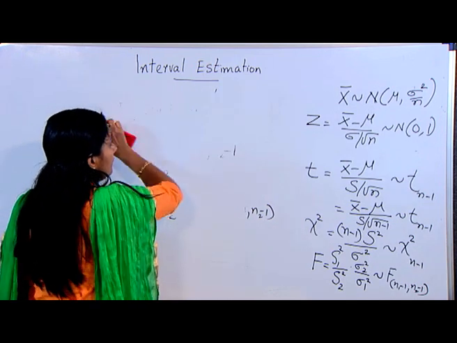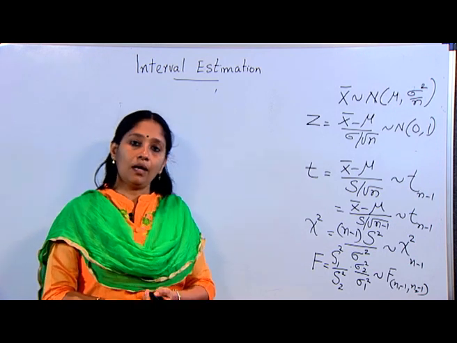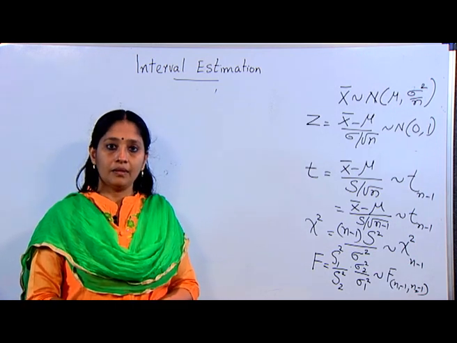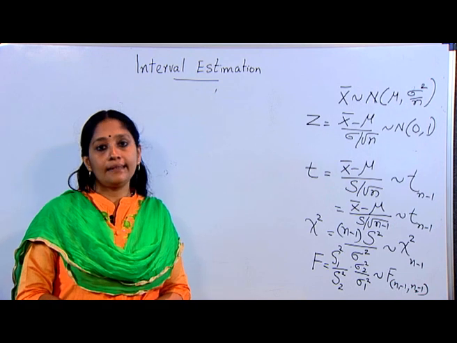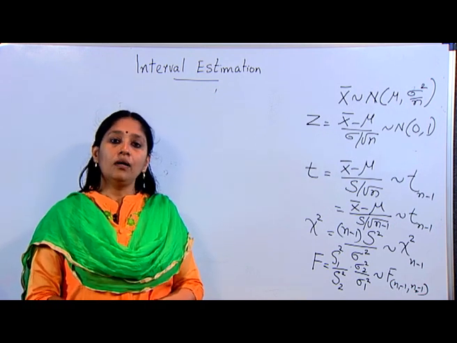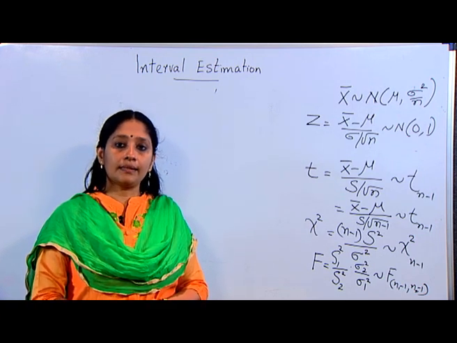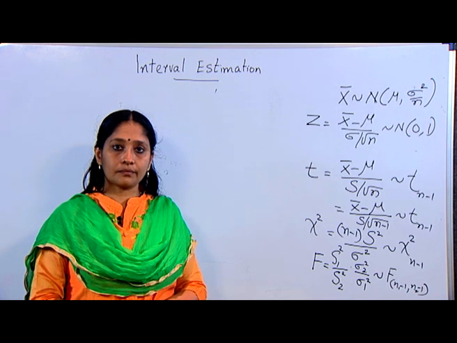We will consider these sampling distributions in the construction of confidence intervals. For more details like density function, mean, variance, etc. of these sampling distributions, you may refer to any text on statistics.